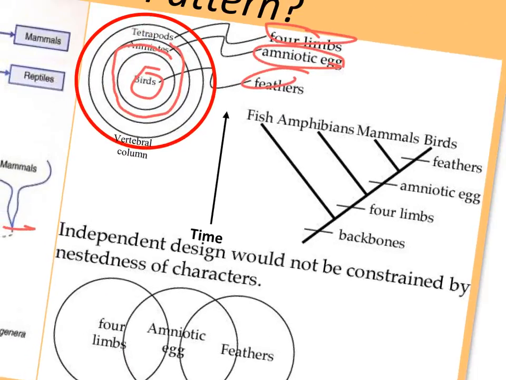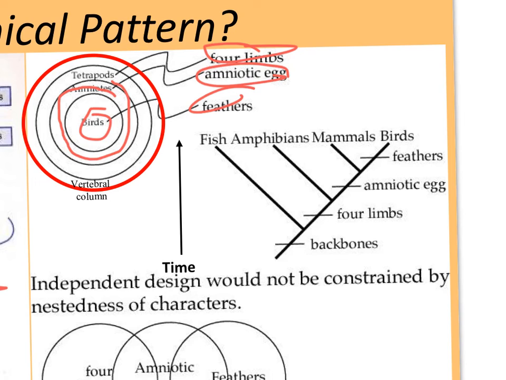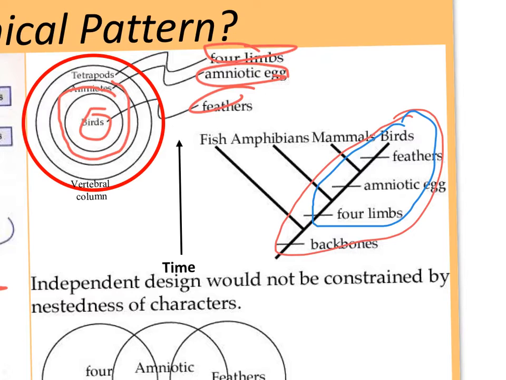And we can do the same thing here in terms of what the pattern looks like. All of these have backbones. Only some of these, including amphibians, have 4 legs.